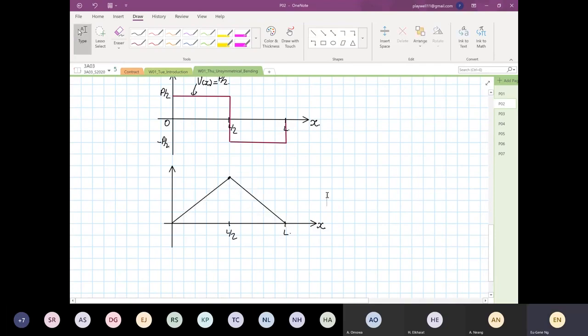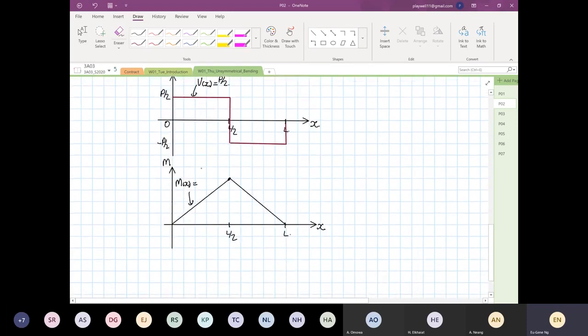Okay, so over here, this is your moment equation. This expression over here is M as a function of X, and this will be equal to Px over 2. And at this point over here, it is equal to PL over 4.